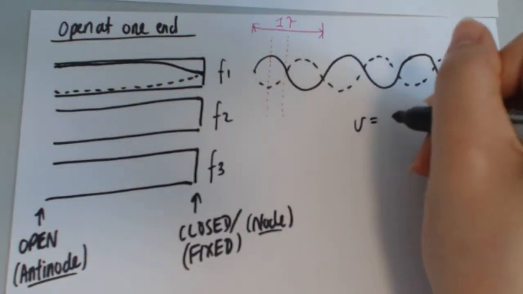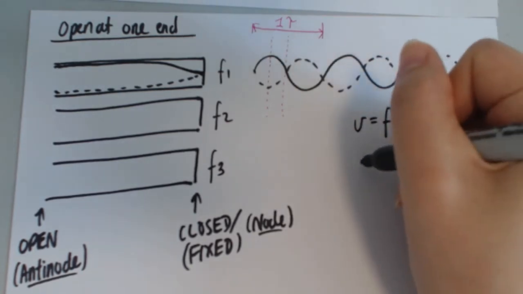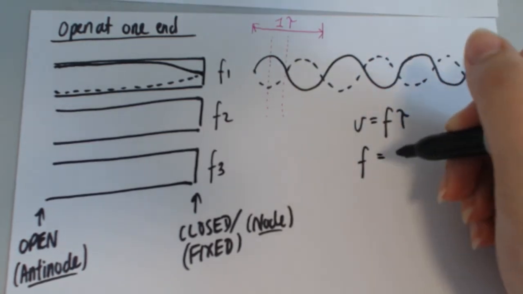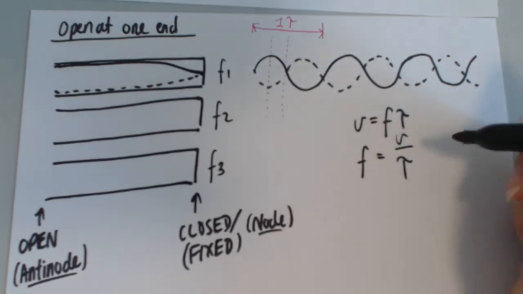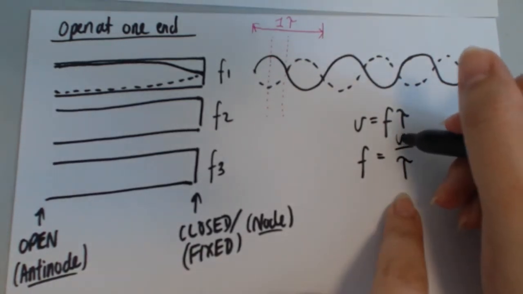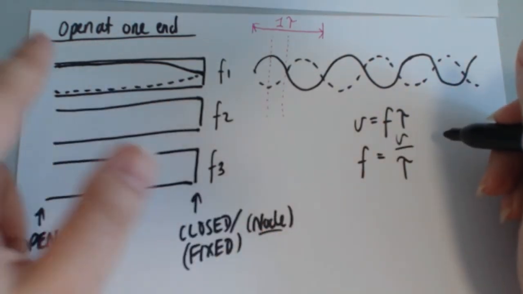So using our universal wave equation, V is equal to F lambda. If we want to rearrange this for frequency, frequency is going to be V over lambda. The speed's going to be constant. The frequency is what's changing. So let's come up with an expression here.